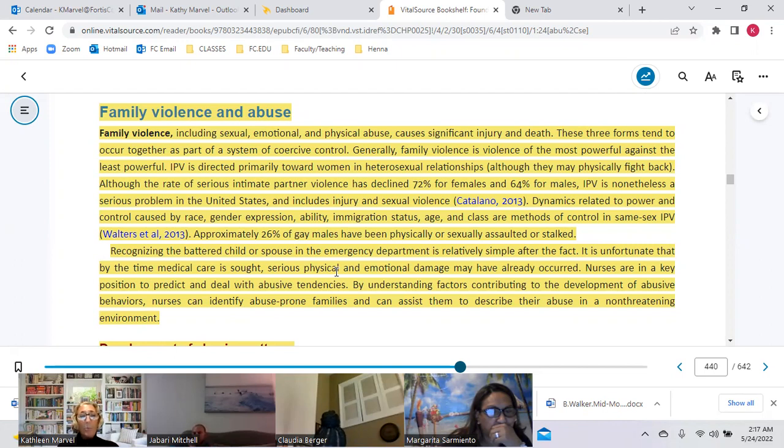We all know what mandatory reporting means, right? What does mandatory reporting mean? Reporting to child services if you suspect or have evidence of abuse. And we are mandated reporters for any kind of abuse, child abuse, elder abuse. Is it just at work if you observe something, or is it everywhere?